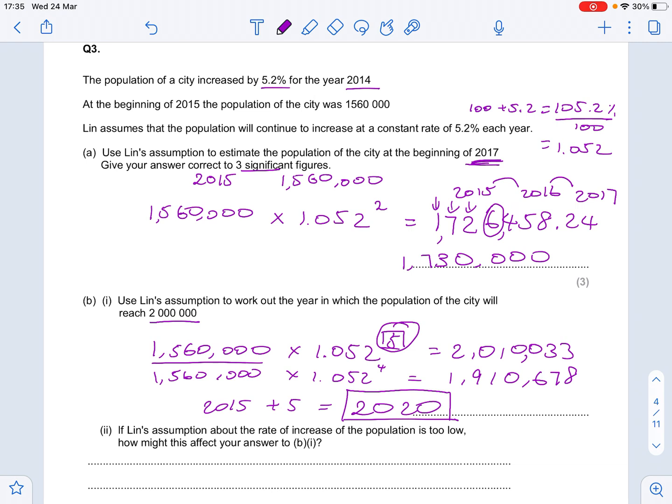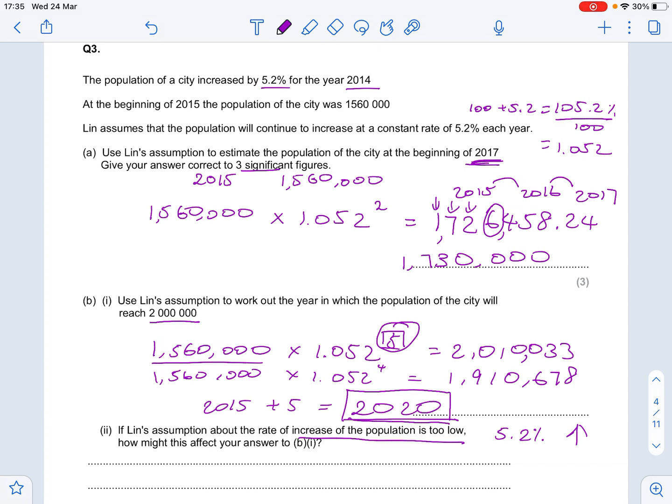Then part C, if Lin's assumption about the rate of increase of the population is too low, this means that his rate of increase was 5.2%. And since his assumption is too low, this means the real rate of increase is going to be greater than 5.2. So how might this affect your answer to part B?